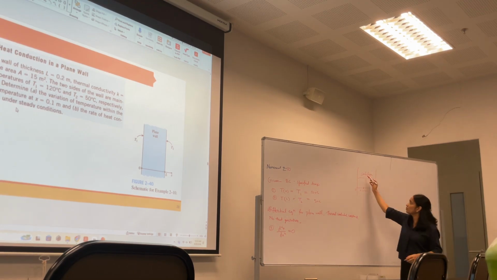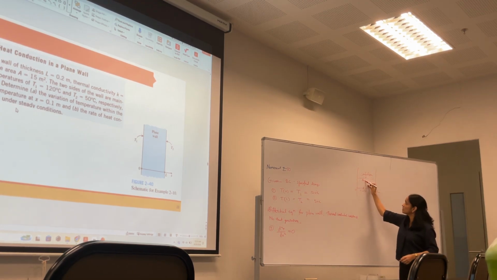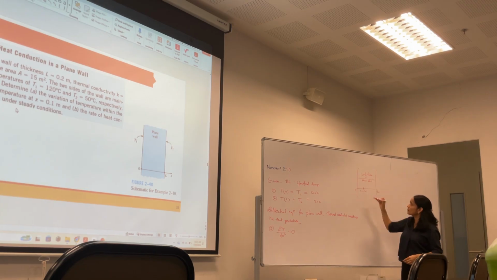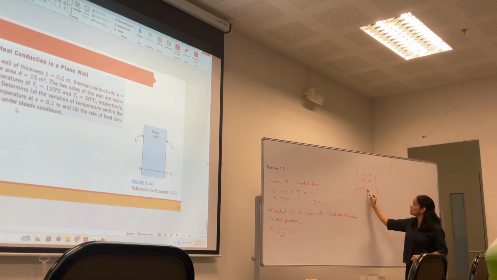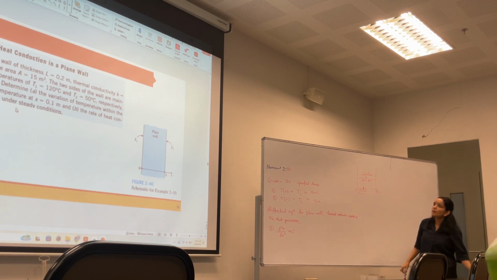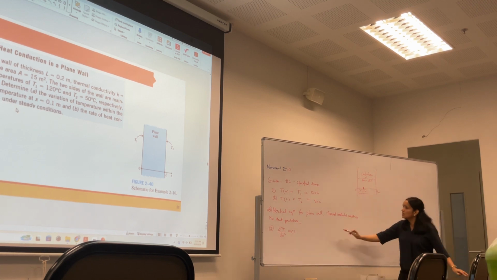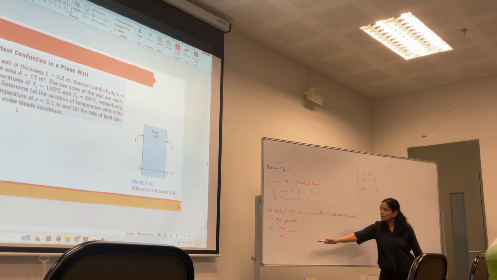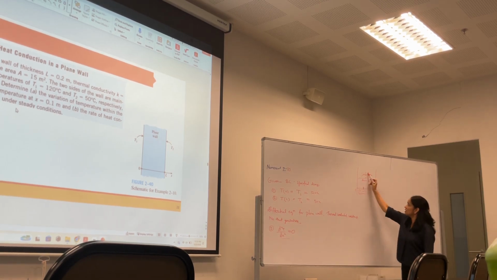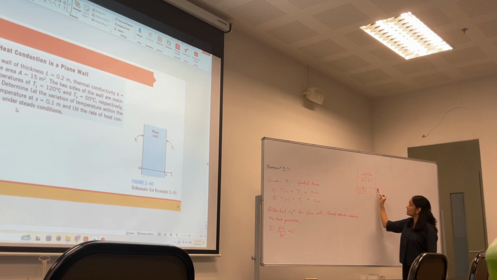This we can find out by Fourier's law of heat transfer. In order to know the variation of temperature here, this tells me the temperature distribution in this wall, from here to here.